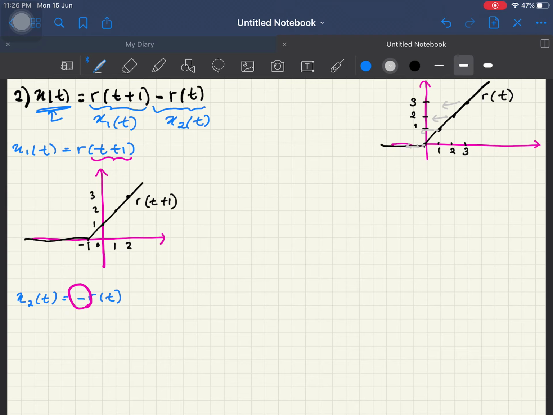So at 1 second, instead of having an amplitude of +1, you will have an amplitude of -1. At +2, instead of +2, you will have -2. So your signal is actually inverted with respect to the x-axis.